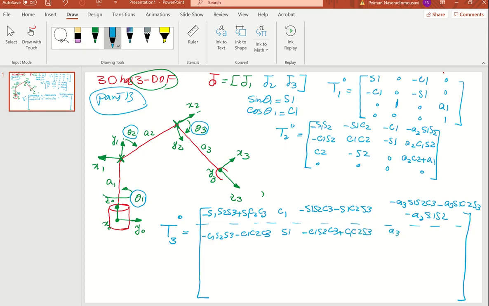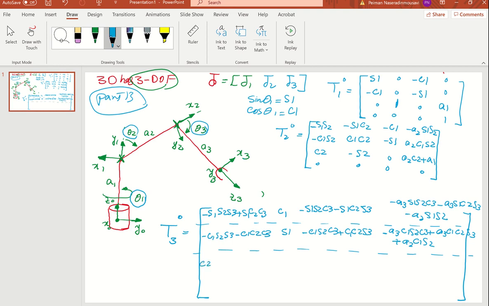So a3 minus a3 cosine 1 s2 cosine 3 plus a3 cosine 1 cosine 2 and sine 3. Here plus a2 cosine 1 s2. Here we go, second line.